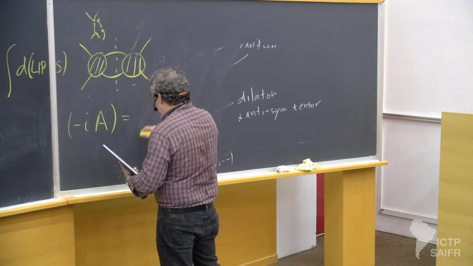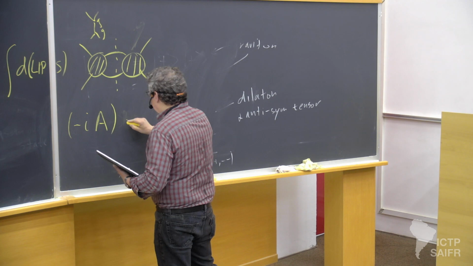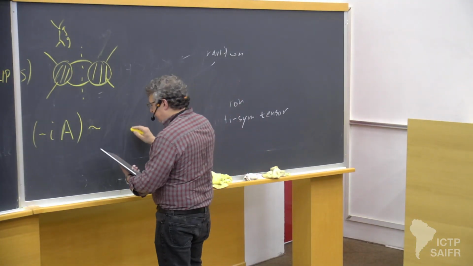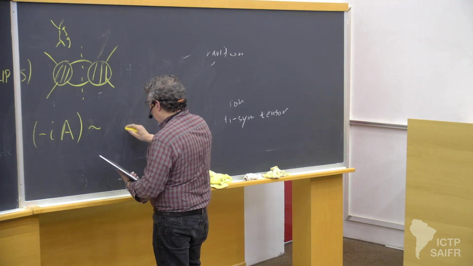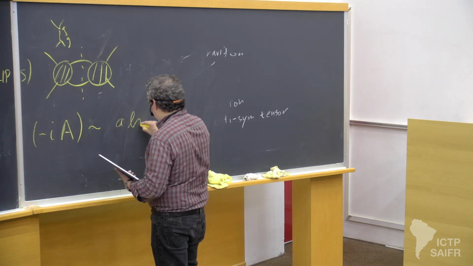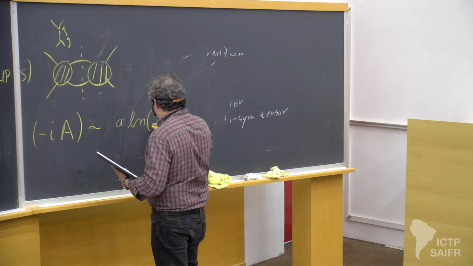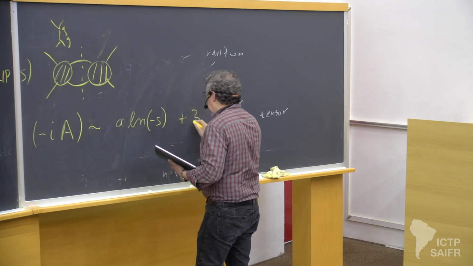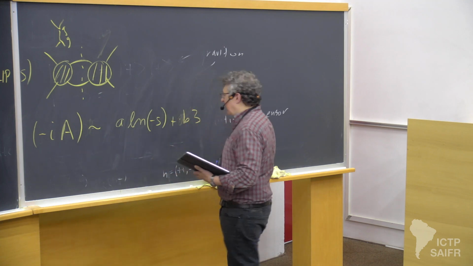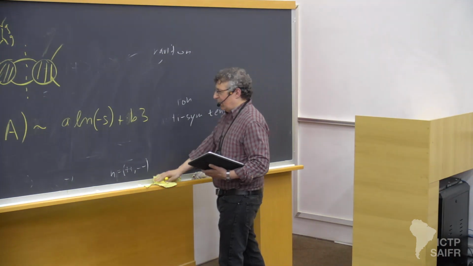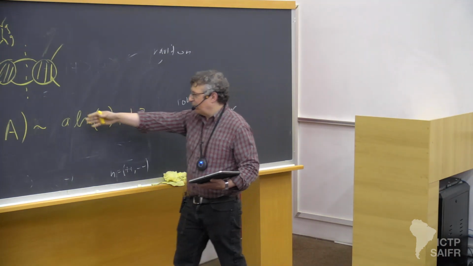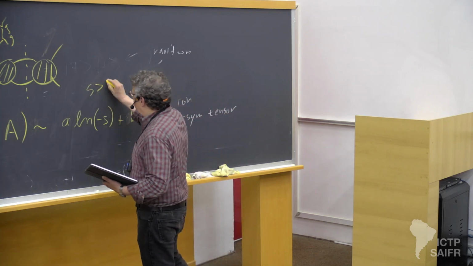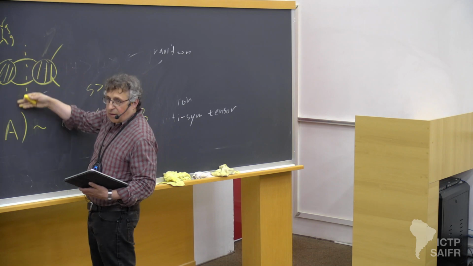So suppose, for argument's sake, the amplitude looks like this: A times log of minus s plus 3, and maybe there's a constant in here to get dimensions right, or some dimensionful thing, but that's not important. Now, this thing, for s greater than 0, means there's a physical particle here.